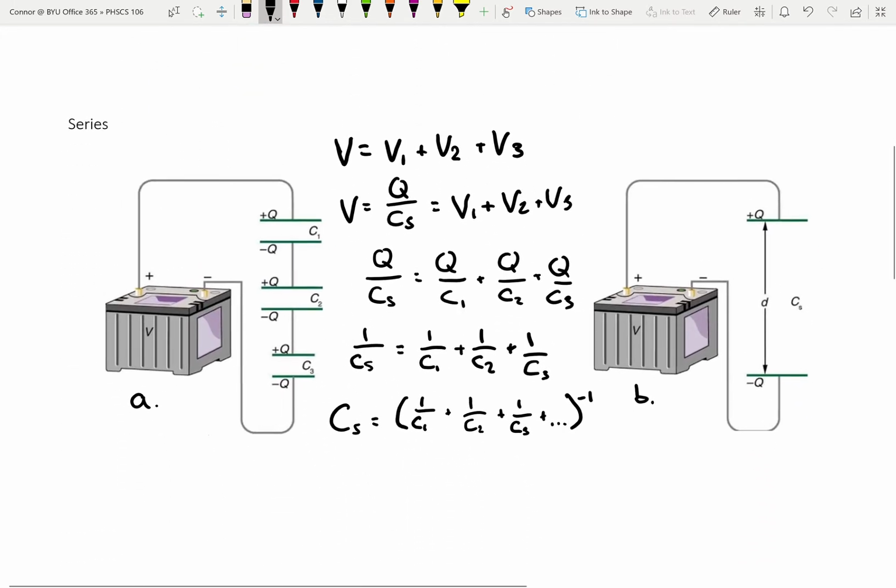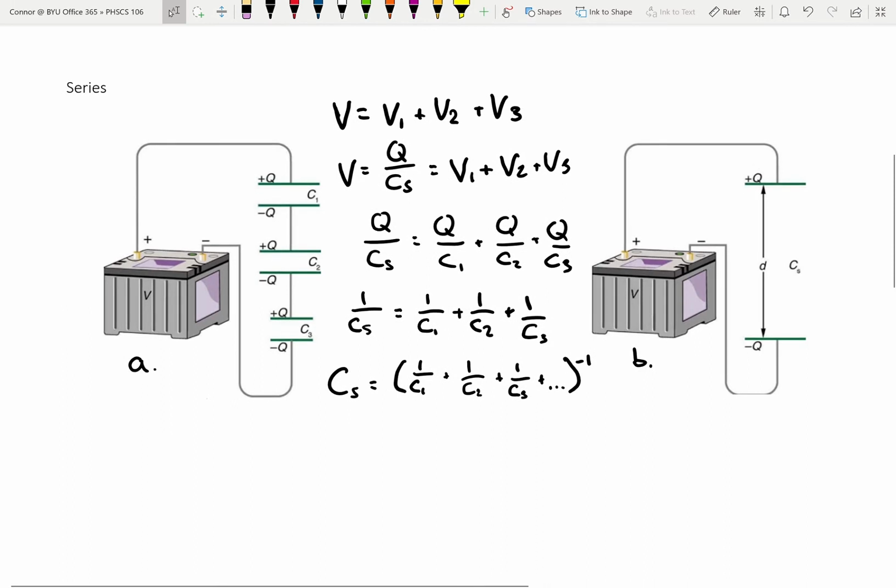So let's look first at capacitors in series. Here in picture A are 3 capacitors together in series. When you have things in series, voltage adds together, so our total voltage is equal to V1 plus V2 plus V3.